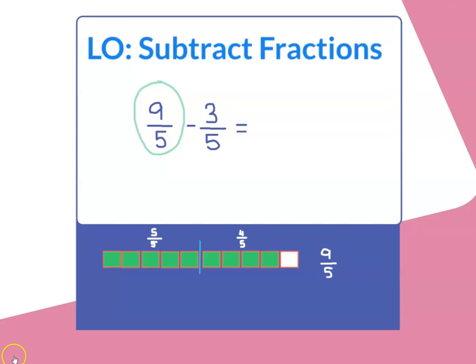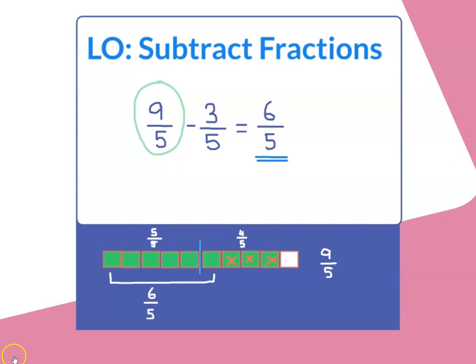My bar model shows 5 parts of 5 and 4 parts of 5, altogether 9/5, and we want to subtract 3/5. This leaves us with a remaining 6/5.